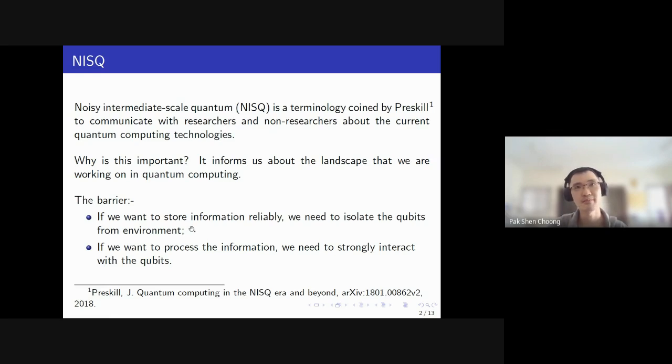But at the same time, we also want to control the qubits and measure the qubits. So in this sense, we also want the qubits to strongly interact with the environment as well. Which is why this is kind of like a tug of war. So we still need to maintain a balance between these two. So that's the current barrier according to 2018.